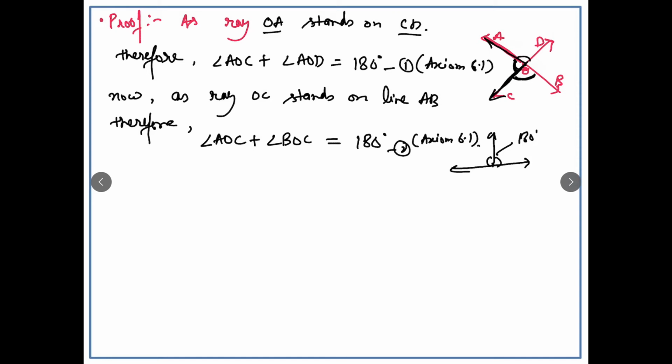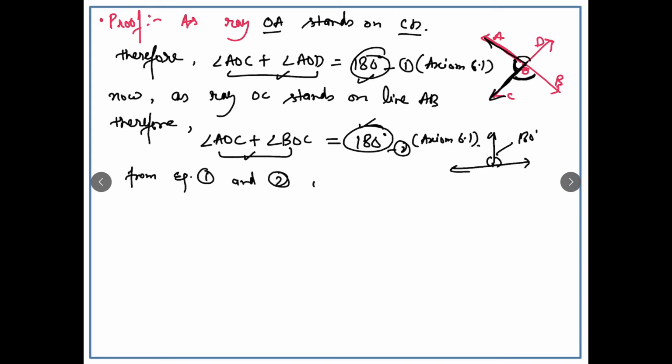Now we'll see that the sum of these two angles is 180 degrees, and also the sum of these two angles is 180 degrees. So the two sums are equal. So right from equation 1 and 2 we get that angle AOC plus angle AOD will be equal to angle AOC plus angle BOC.